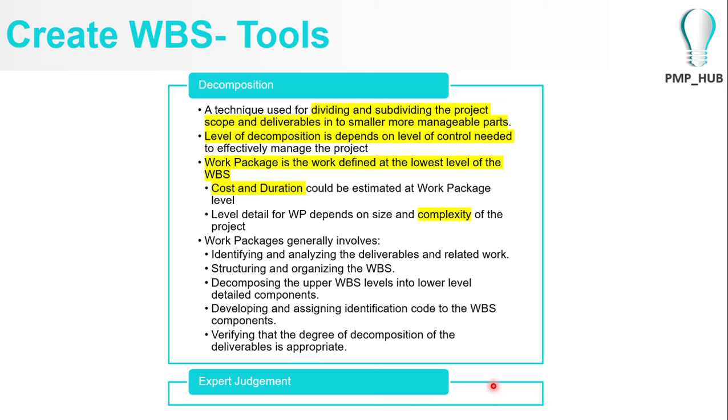So how much you break it down will all depend on your experience, the work package level, the budget allocation and the control factor. How much controllability do you need? You know that you allocated 200,000 for your flooring, and if it exceeded 230,000 rupees for some reason, you have more control of the budget.